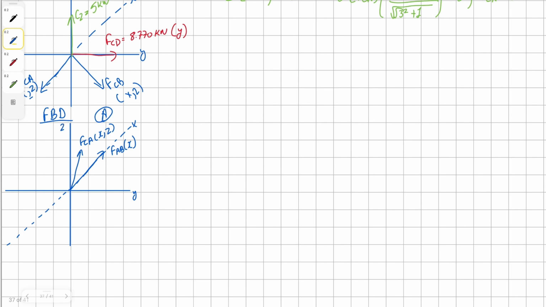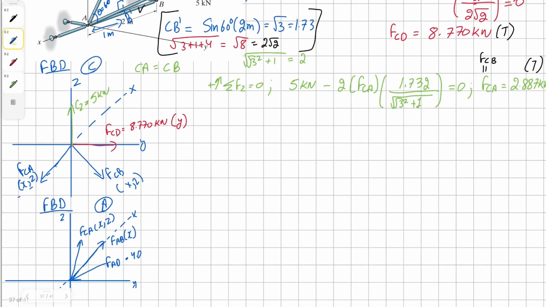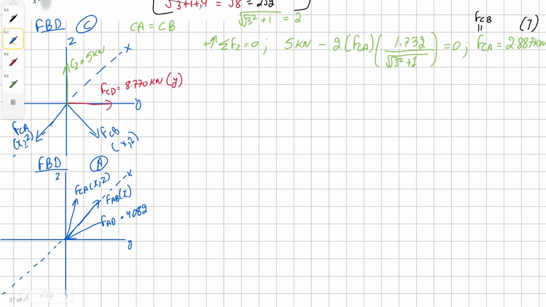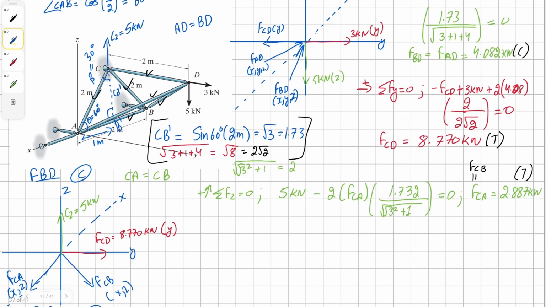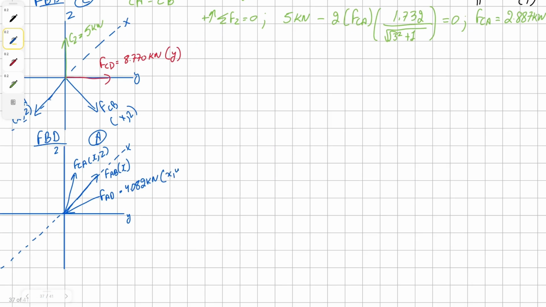And finally we have our known force in member AD, which we found to be 4.082 kilonewton, and it's projecting along X, Y, and Z. And our force CA we found to be 2.887 kilonewton.